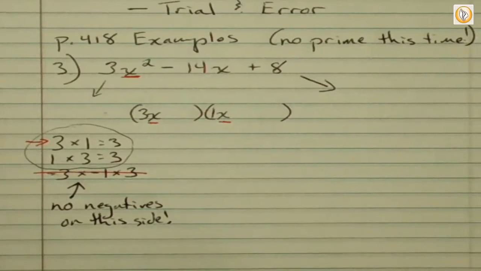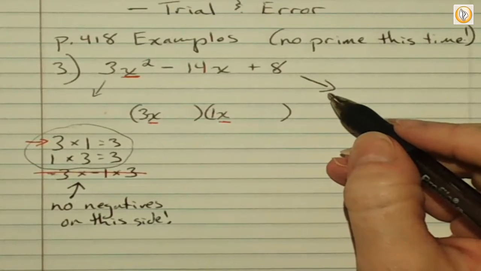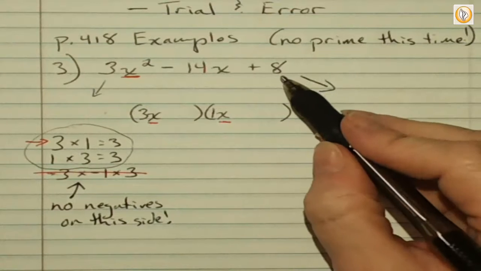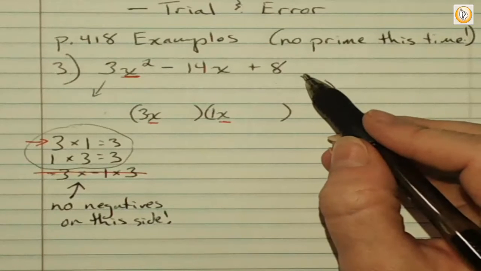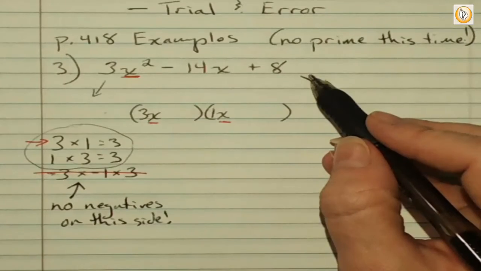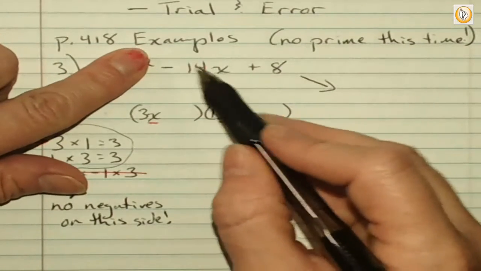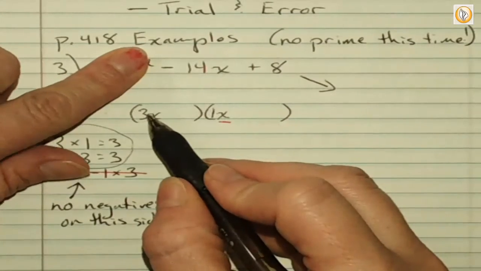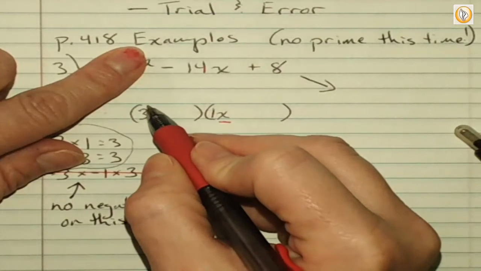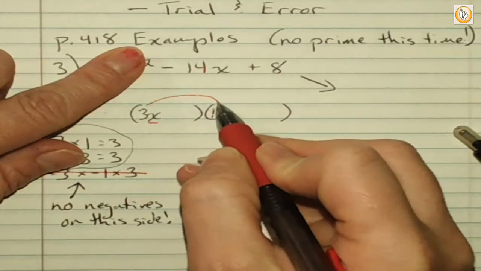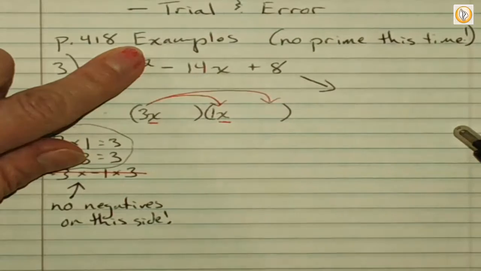Just kidding. Okay, now let's do 8. Keep in mind, though, we have to find factors that when multiplied give me 8. When added, no longer are we focused on just -14 because, look, when we do FOIL, this 3x is being multiplied by the 1x, but it's also being multiplied by here.